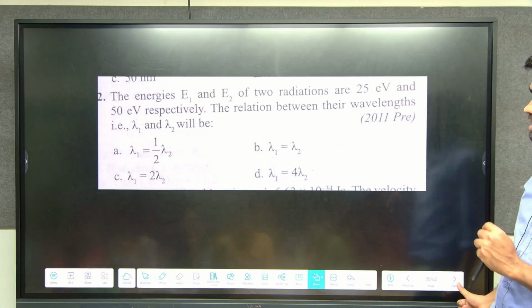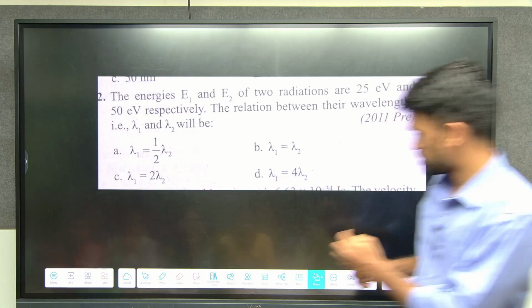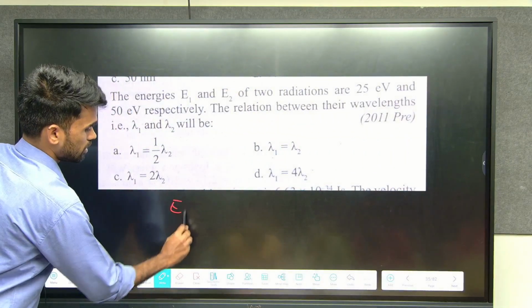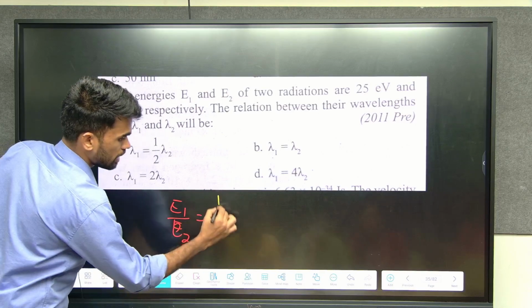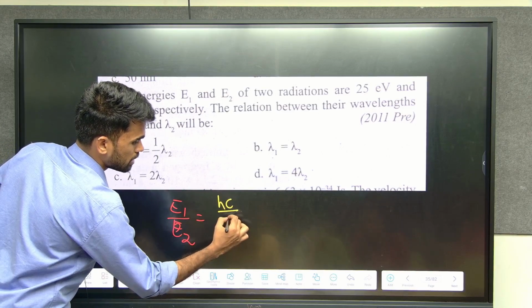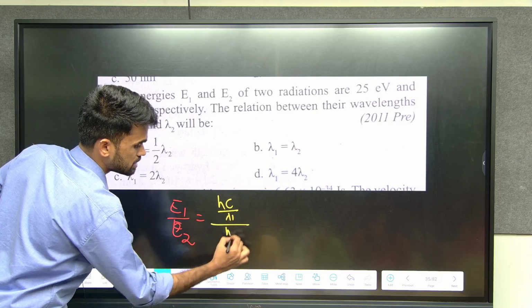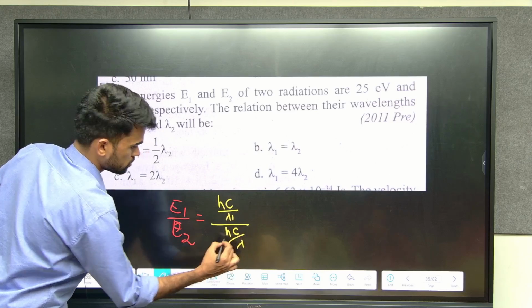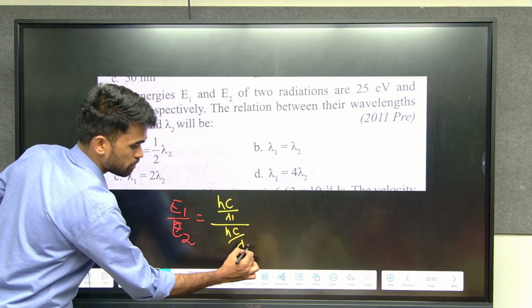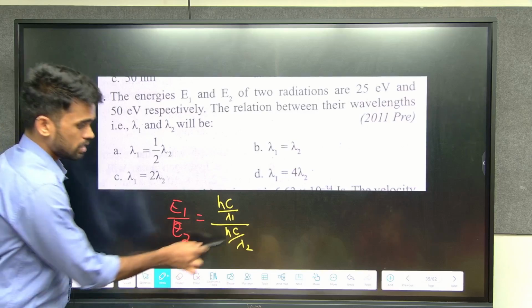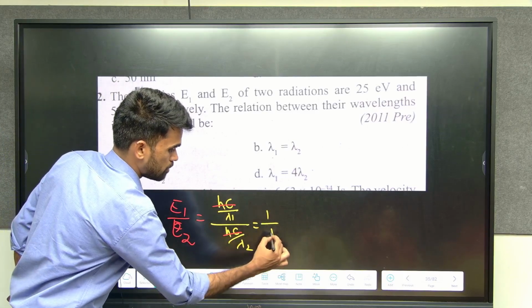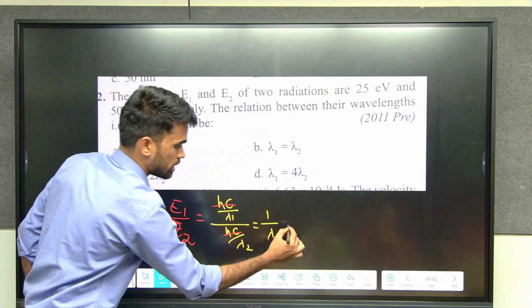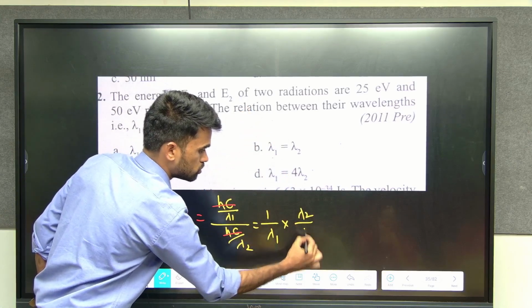That's it. Next, should I try it? E1 by E2 equals hc by lambda 1 by hc by lambda 2. Okay, so hc I can remove. So this is 1 by lambda 1; this one goes to the numerator and becomes lambda 2.